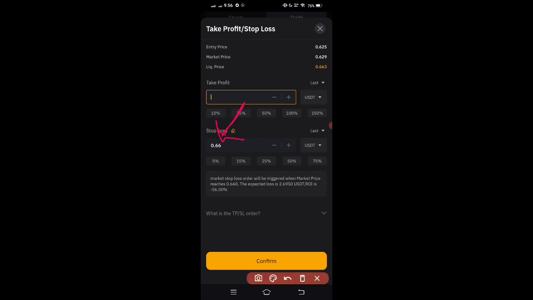So if the market goes against you, it will take you out of the system with this price. And how much will go against you? That means you'll be seeing $2.6 off, which will be 56% of my market, my order, my trading.